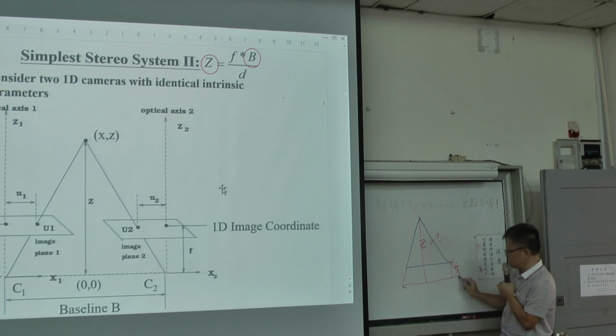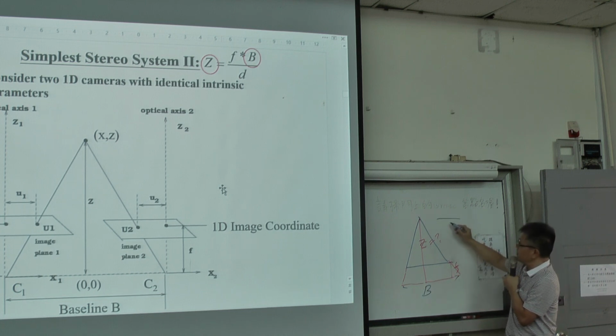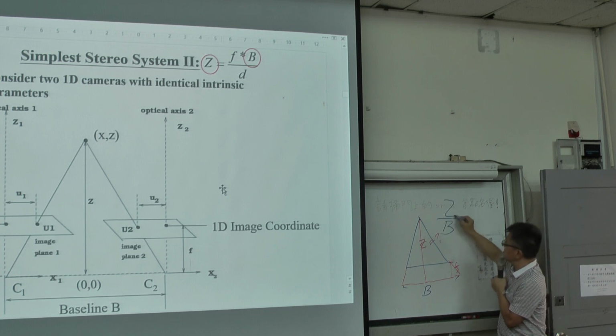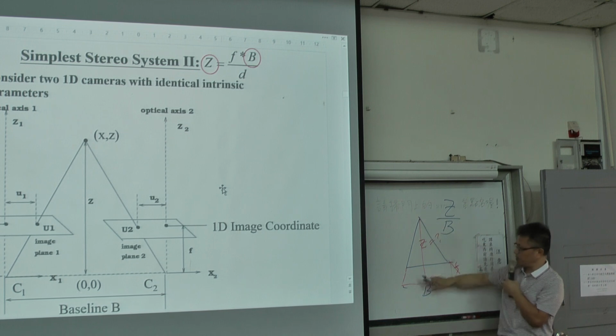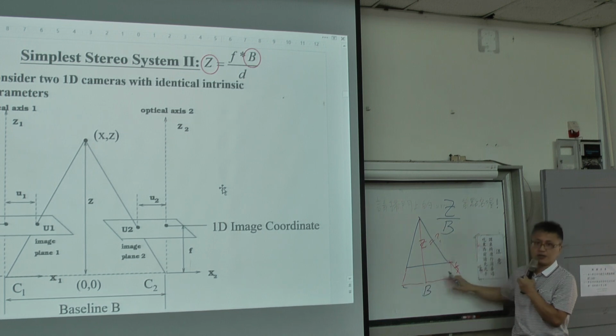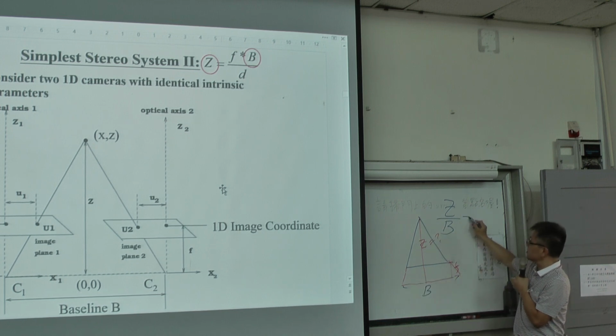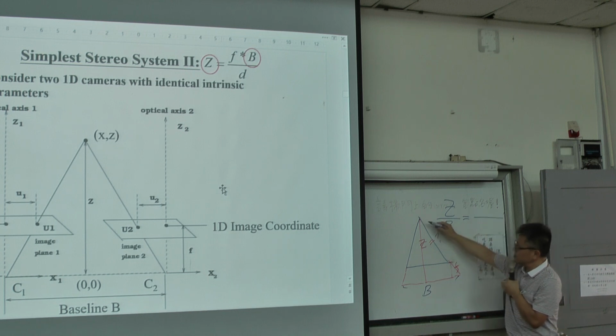The height compared with the baseline is equal to this height.